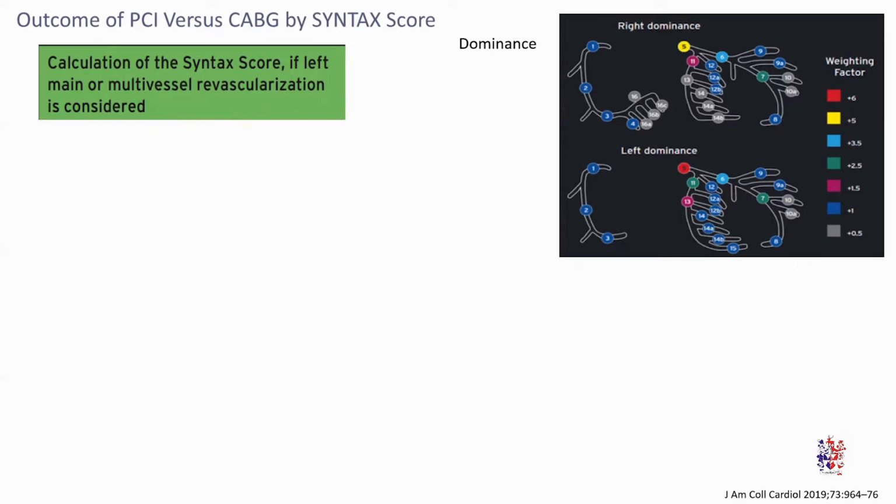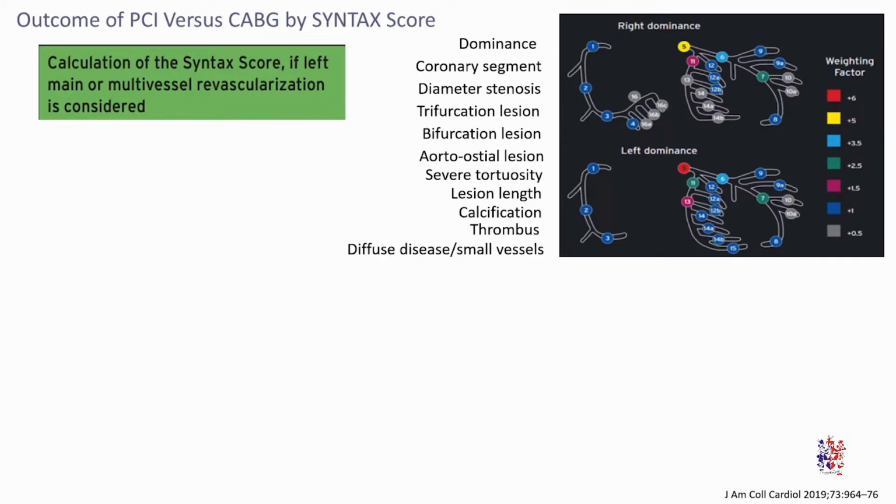On the right of the screen, you'll see it graded according to whether the right coronary artery was dominant or the left coronary artery was dominant, according to where the PDA came off. It had a number of different criteria for giving the score, and you can see it's graded with a weighting factor, the red 5 being the left main and the distal LAD being a much lower grade.